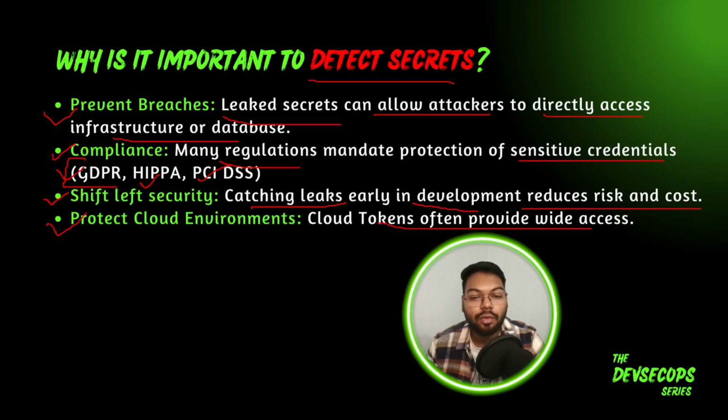Then cloud tokens often provide wide access, depending on whether they are protected by an IAM policy or not. If not, then it would give really wide access. If it is protected by IAM access, then there could be certain limitations to the actions that could be taken using these keys. I hope you grasp the concept of IAM. If not, we will see it again in the AWS series later on.